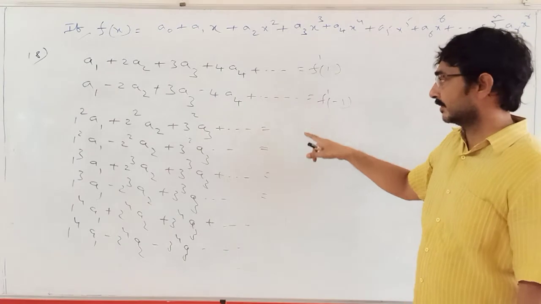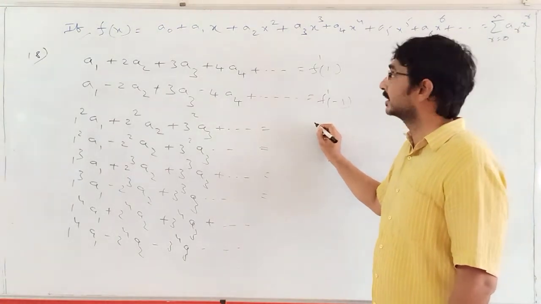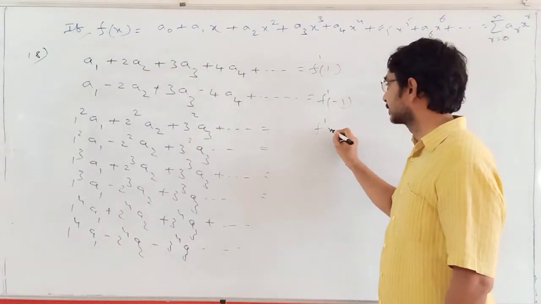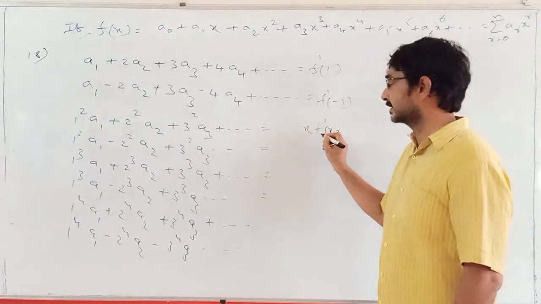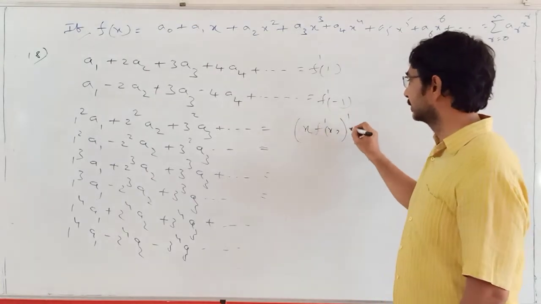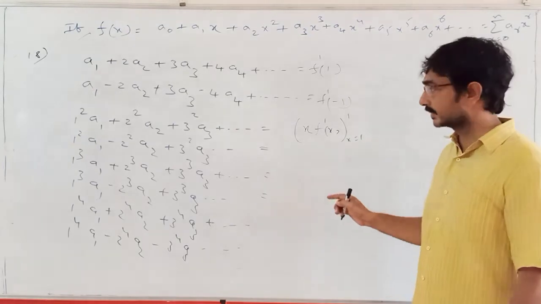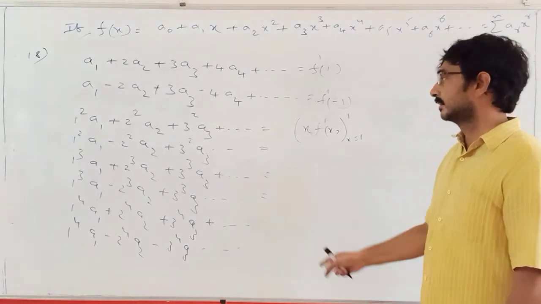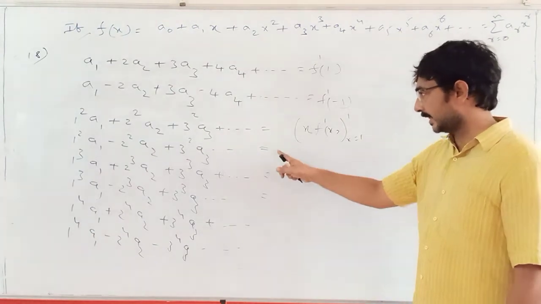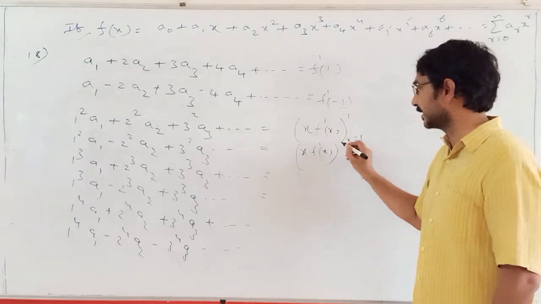So these two are clear. See this one. First differentiate the given function f of x, that means f dash x. Now multiply with x. Again differentiate with respect to x. Then put x equal to 1. Then we will get this one. Same operation, but finally x equal to minus 1.